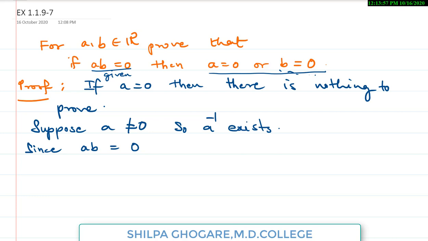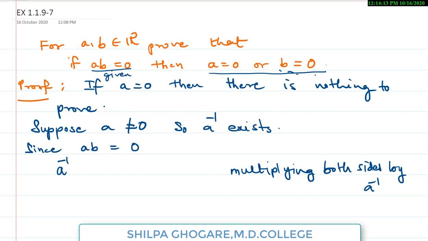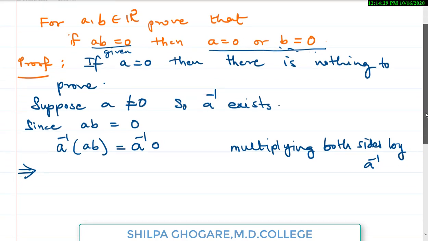Okay, so I'm writing multiplying both sides by A inverse, and on the left hand side I am multiplying, so I get A inverse, here you have B, AB is equal to A inverse and 0, correct? Which implies, let me shift the screen little bit up.